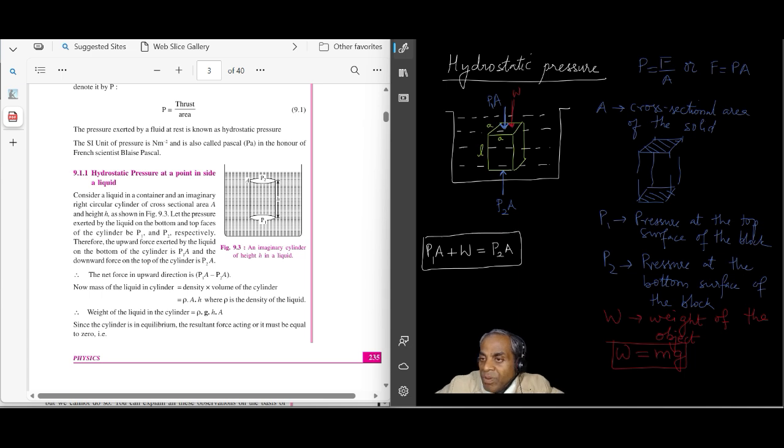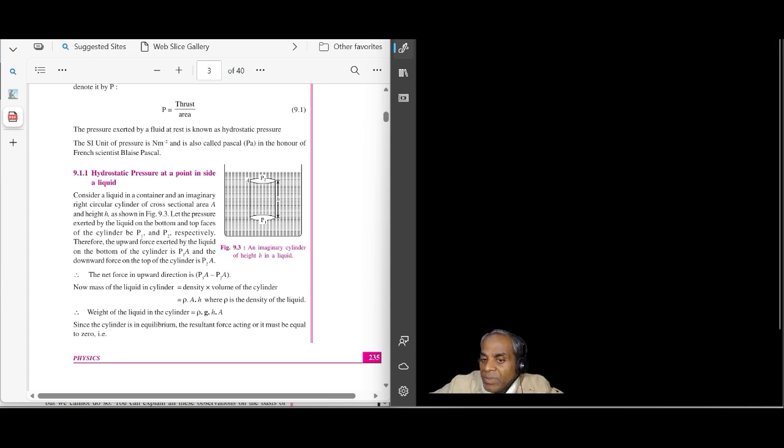Now we will develop the equation further. P1A plus the weight of the object, mass of the object into acceleration due to gravity, is equal to P2A. We will bring the pressure and area products on the same side. I will bring P1A to the right side, it will be easier, there will be no negative symbol.